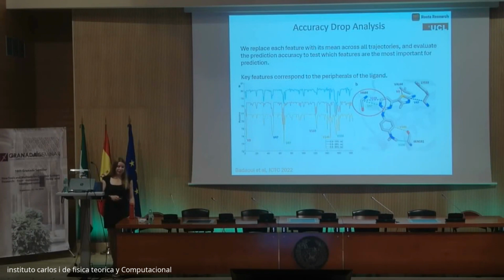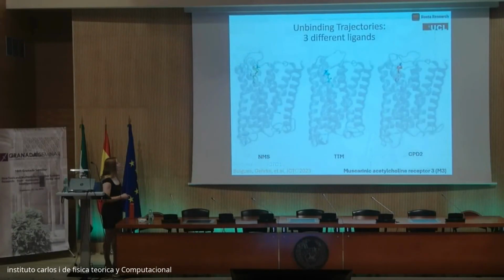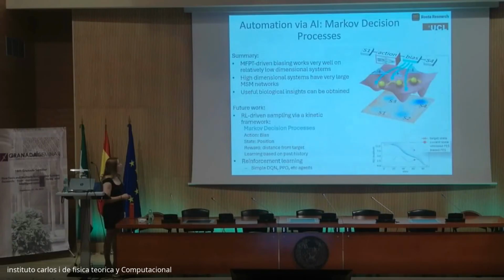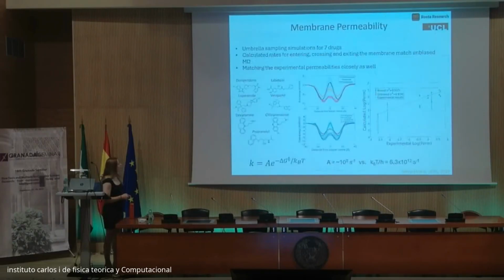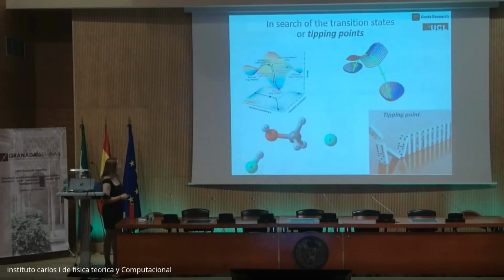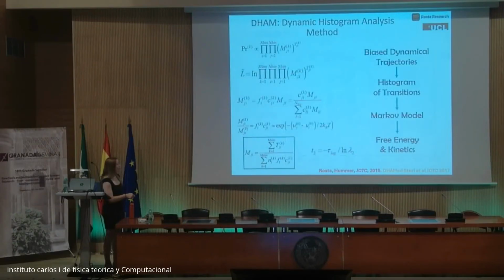So basically, bias will be any potential you add. If you think of a diffusion process, this is how a given bias would change the transition probability.